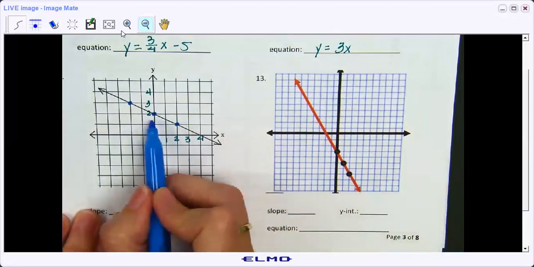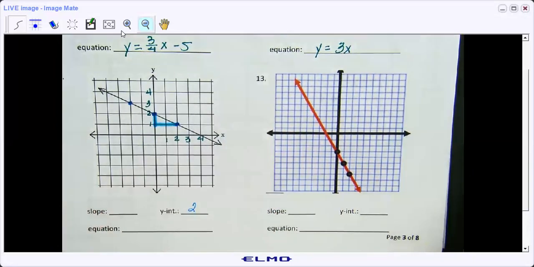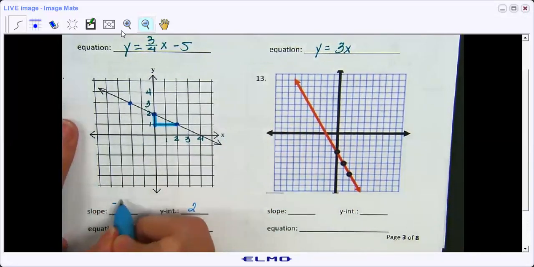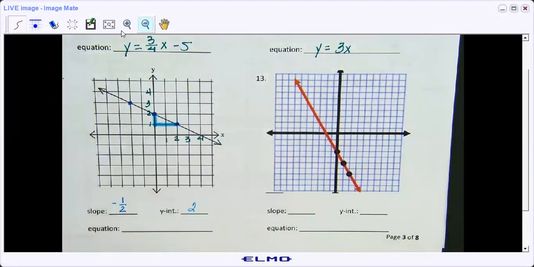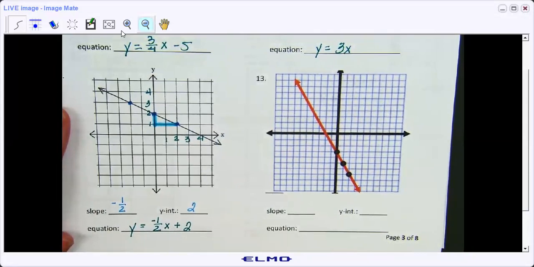I'll start here, and I'm going to go down, which is -1, and over, which is 2. So my slope is -1/2. And my equation, y equals -1/2 x plus 2.